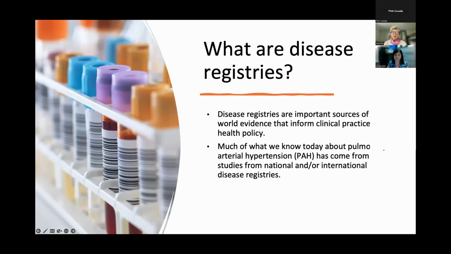But in registries, we have evidence, information, and data about patients that is collected over a much longer period of time, and it's collected in clinical practice when you have appointments with your clinician or your nurse. They help to inform clinical practice because we see what happens to patients over the long term, even when they're finished in a clinical trial.